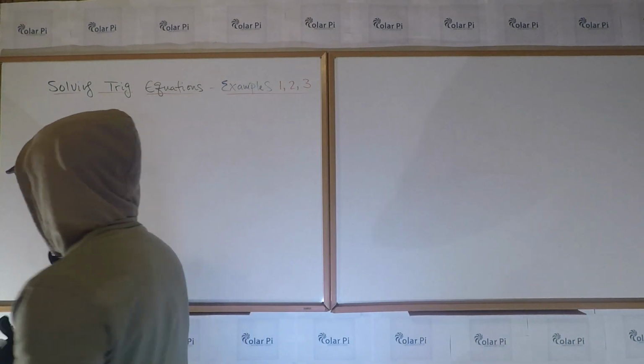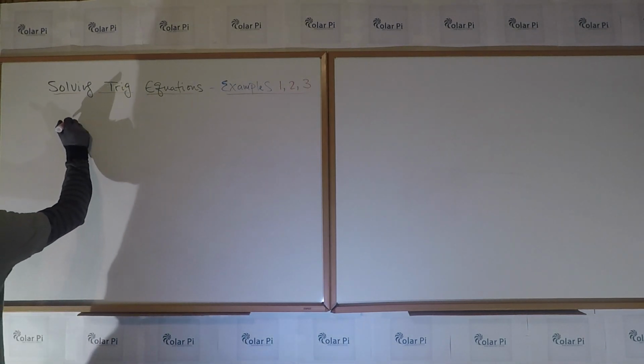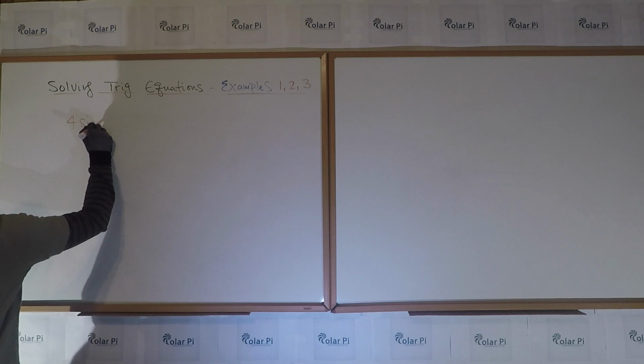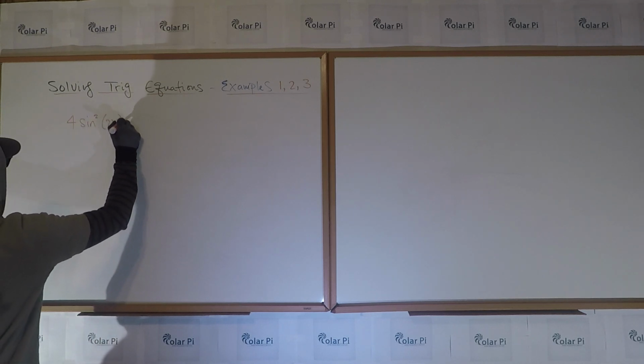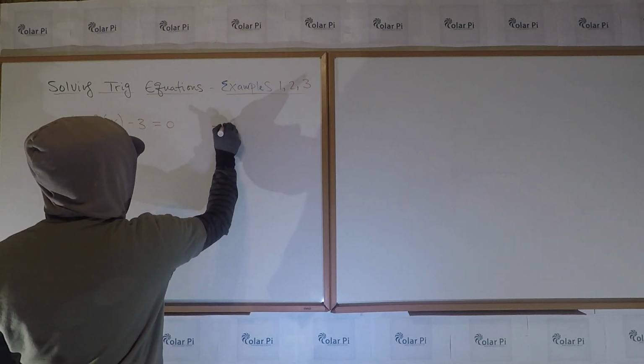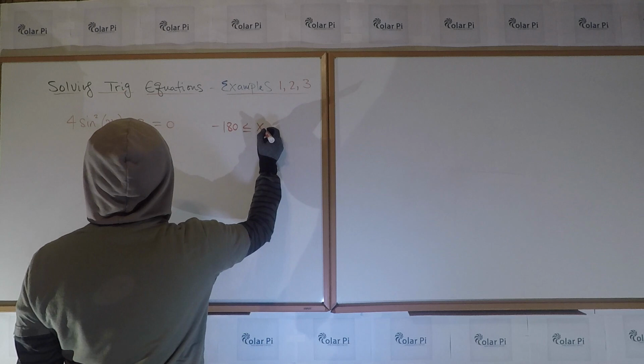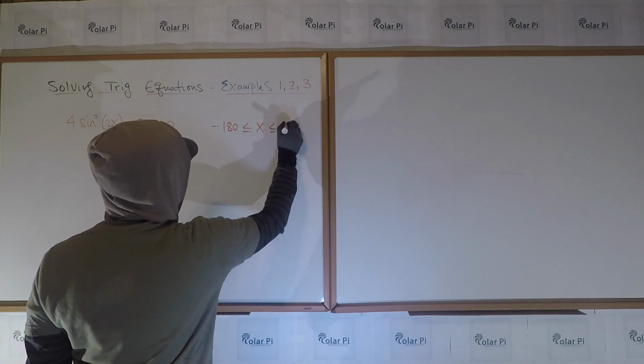Example 2 is this: 4 sine squared 2x minus 3 equals 0 on the interval negative 180 is less or equal to x is less or equal to 180.